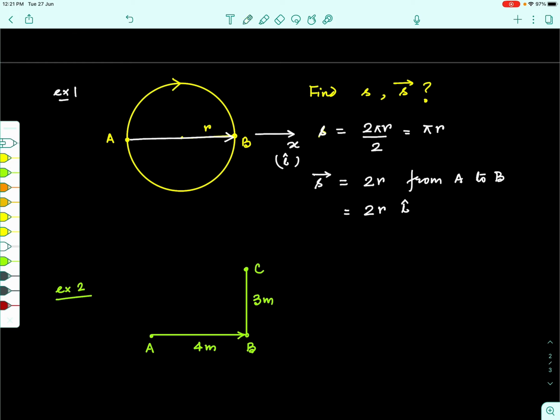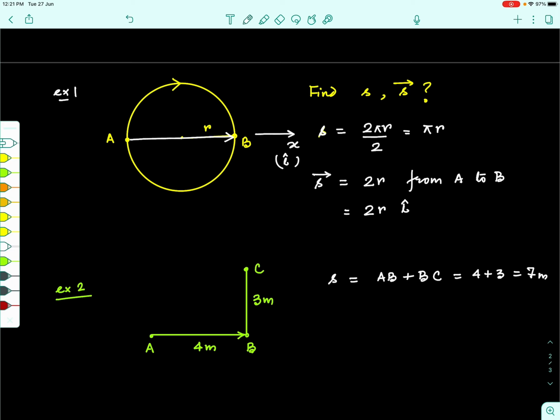So this time, do we understand that the distance travelled S will be the length AB plus the length BC, the total path length covered by the body, which in this case will be 4 meters plus 3 meters, that's 7 meters. Distance travelled is 7 meters. What about the displacement?